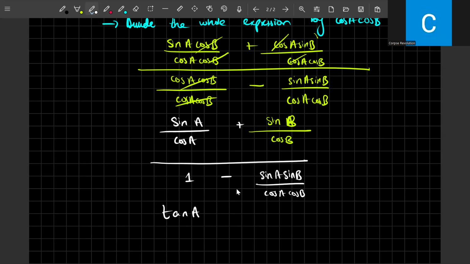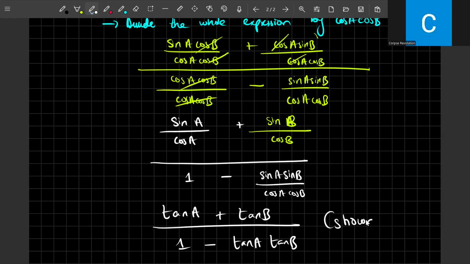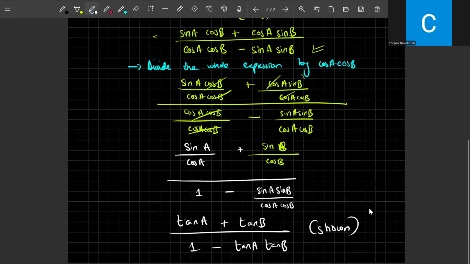Tan A. And sine B upon cos B is tan B, upon 1 minus sine A sine B upon cos A cos B, which is tan A tan B. And this is exactly what we had to show.